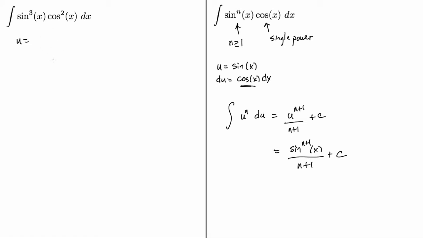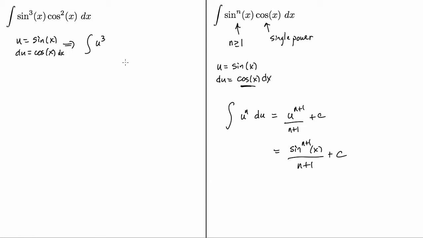Just like it was on the previous problem, then my du is cosine, and if I tried to make the substitution there, it would be the integral of u cubed. And then the question is, what do you do with the cosine squared of x?